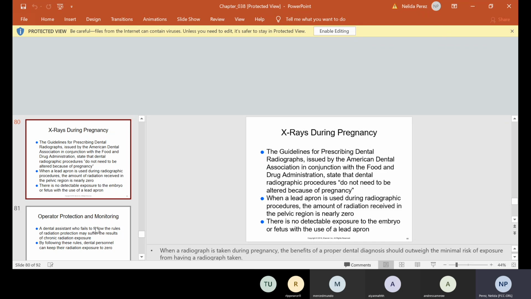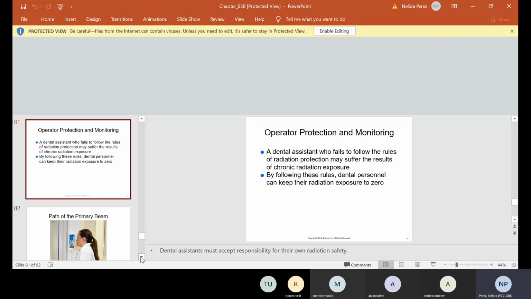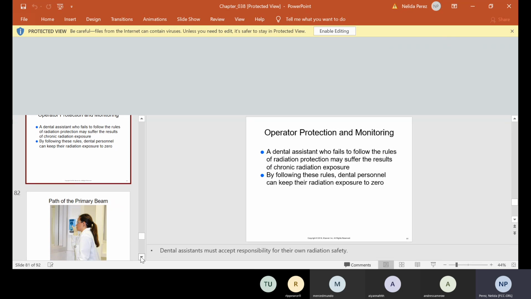There is no detectable exposure to the embryo or fetus with the use of a lead apron. Sometimes we even do what's called doubling: we use two lead aprons. So if one is nearly zero, think about two. It's absolutely zero. Usually patients know not to come and see us until the second trimester. We do see patients if they have an emergency, and we use all our protection for operator, assistant, and patient.